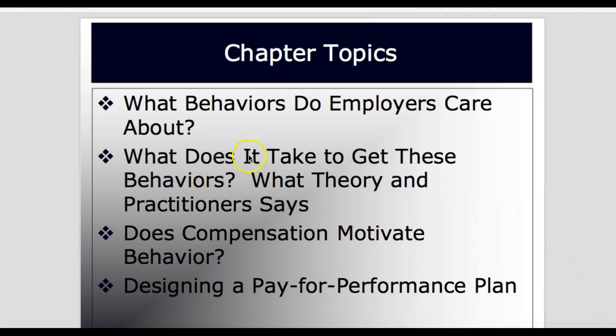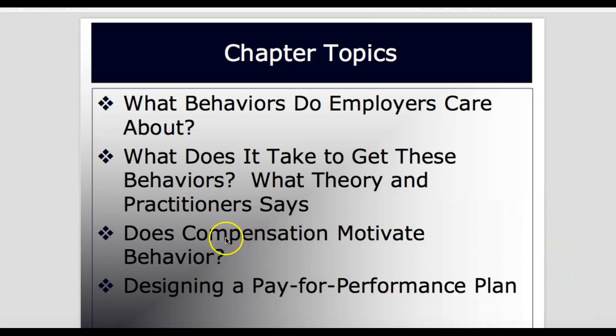What does it take to get these behaviors? Meaning, it's what the theory and practitioners say. So the theory has to do a lot with motivation, like Maslow's hierarchy of needs. But this really looks at what does it take to influence the motivation to exhibit behaviors the employer cares about.